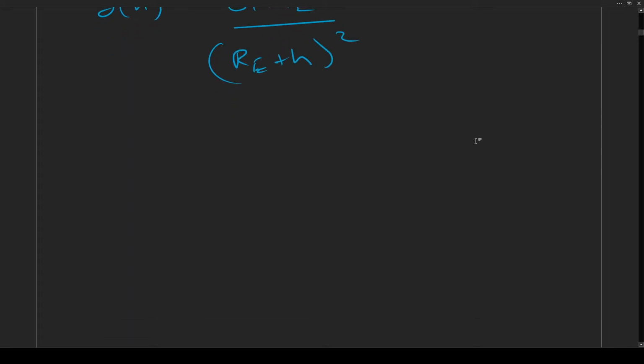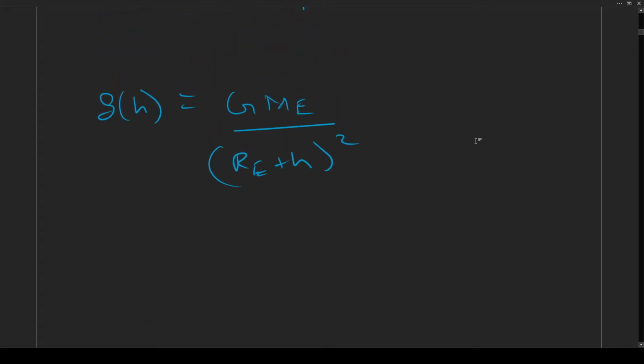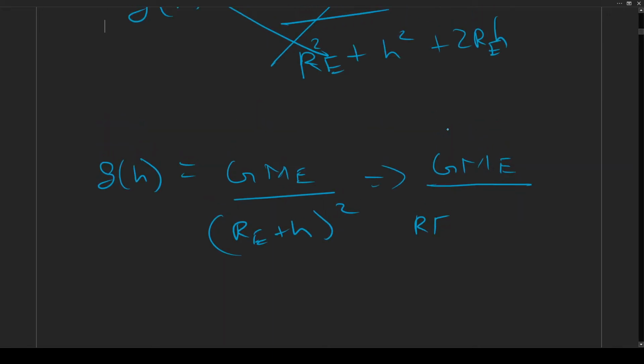g of h is equal to GM_e by (R_e + h) whole square. This we can write by taking R_e common: GM_e by R_e square times (1 + h by R_e) whole square.